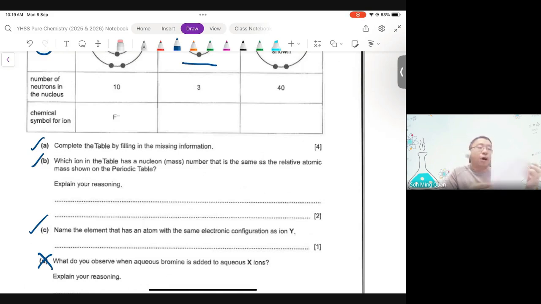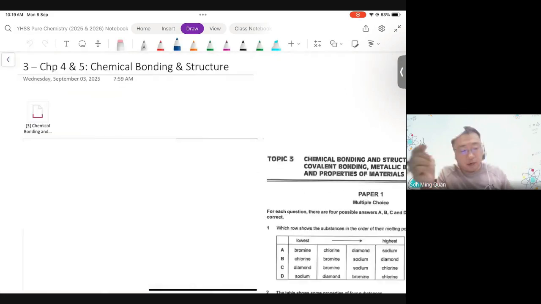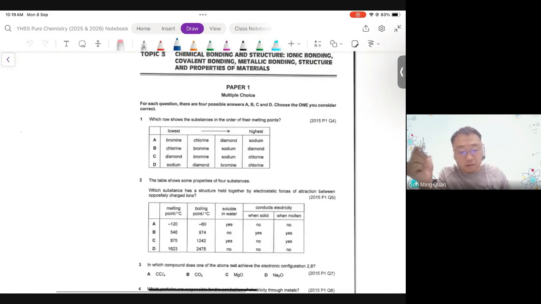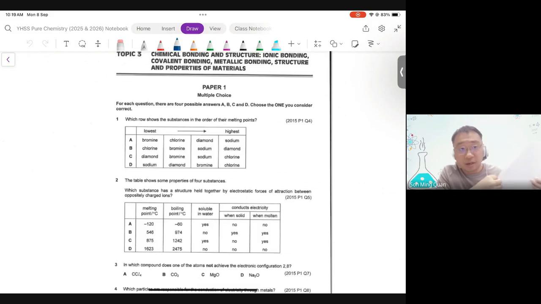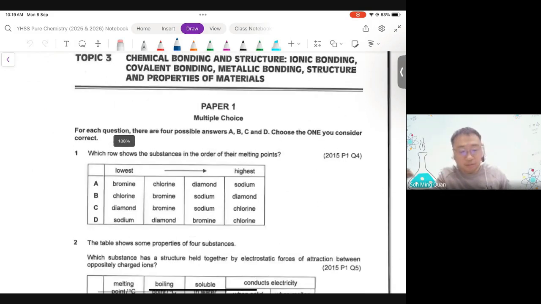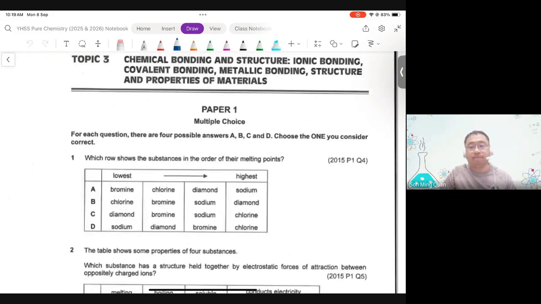Okay. Now let's go to topic number 3, which is on bonding. Again, we're not going to go through every question. We're going to go through some questions only. All right. So let's go to topic 3. Okay.